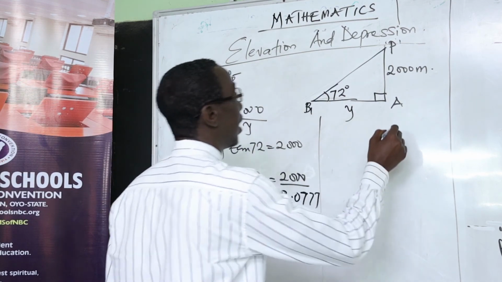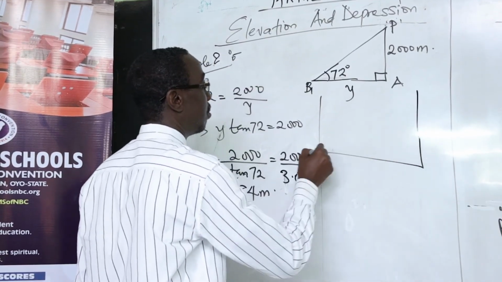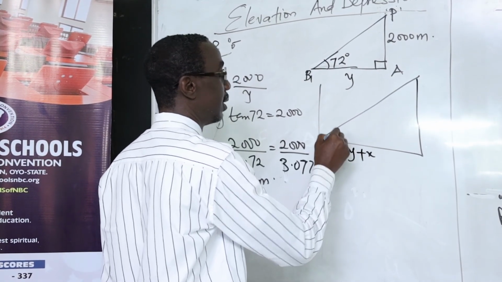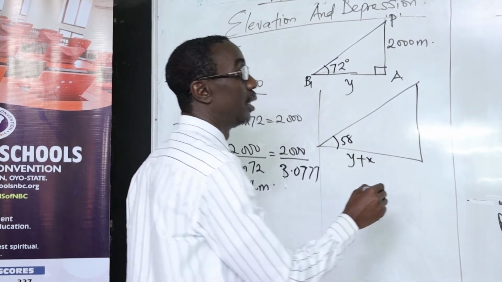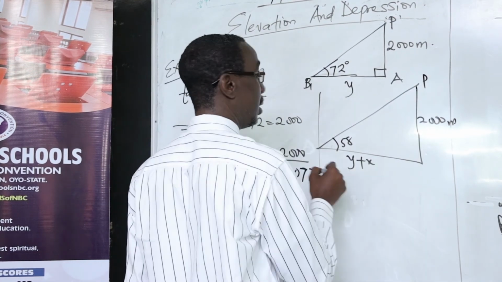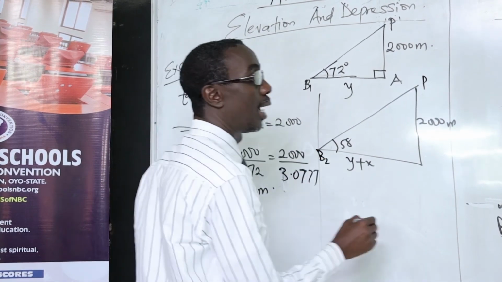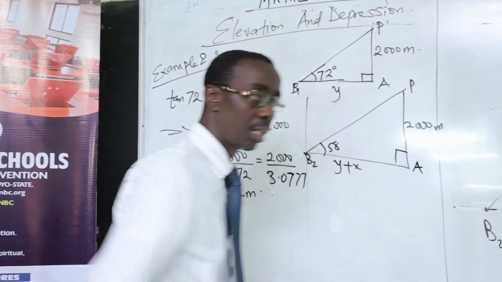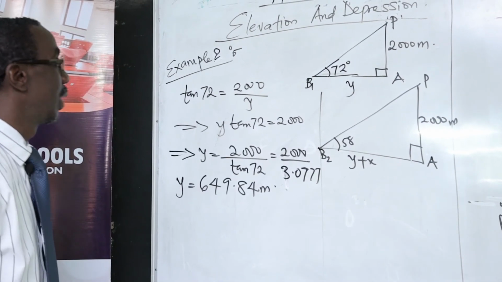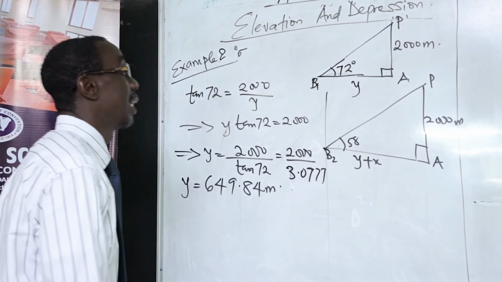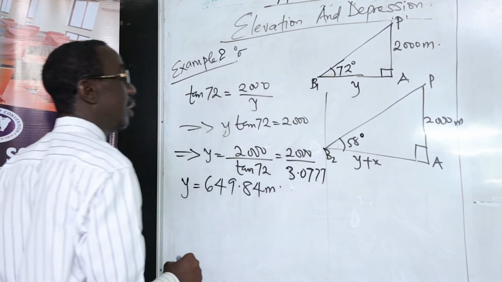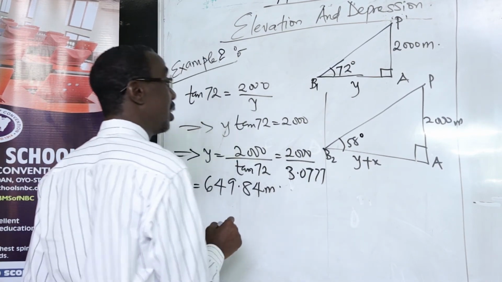I want to take the second diagram. The second diagram is Y plus X here. This is 58, this is 2,000 meters. This is P, and this is B2, and this is A. Looking at this diagram, opposite to angle 58 degrees, opposite over the adjacent will give me tan 58.